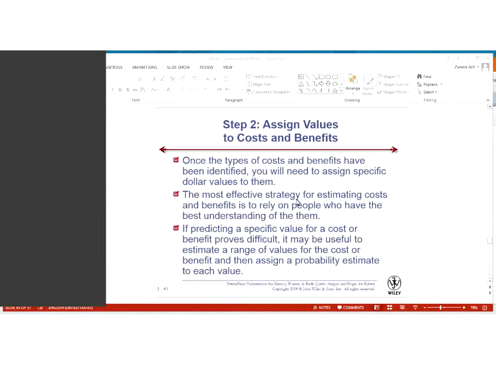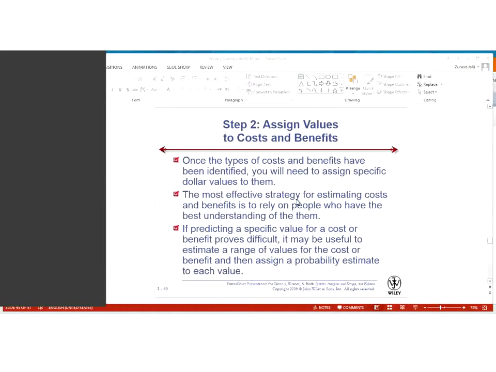The most effective strategy for estimating cost and benefit is to rely on people who have the best understanding of them. Sometimes we get opinions of different experts, or sometimes we use the opinion of multiple experts, and sometimes we take the opinion of one expert. So there are multiple ways to get the estimates of cost.